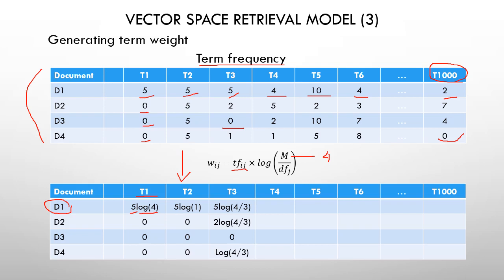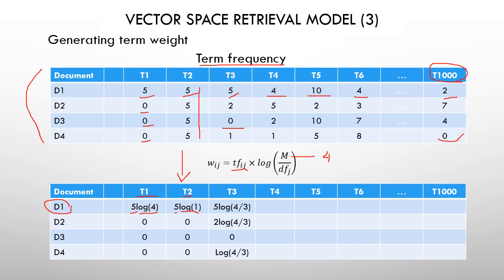Okay, so then we calculate the weight for term number 2, still for document number 1. And the appearance is also 5. So we write 5 here, and logarithm of 4 divided by DFG. Unfortunately, all documents have this term.